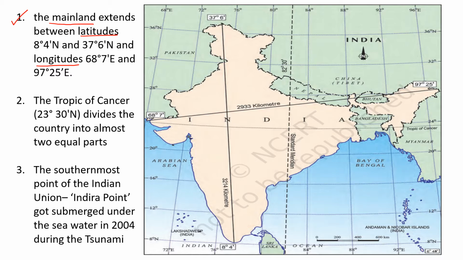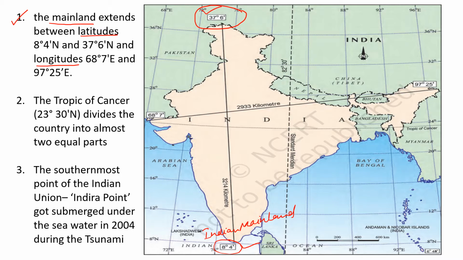The latitudes start from 8 degree 4 minutes, which is the southernmost point of the Indian mainland.